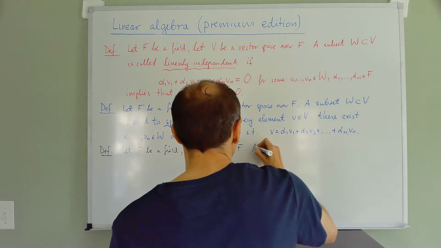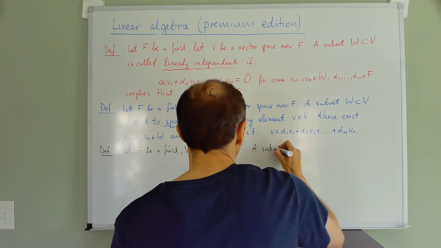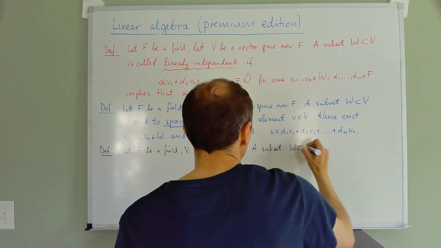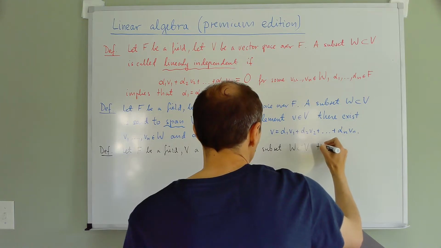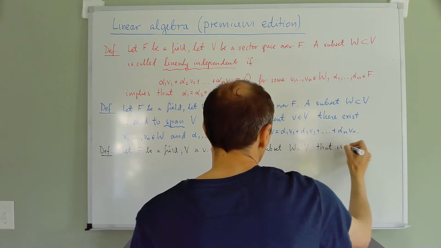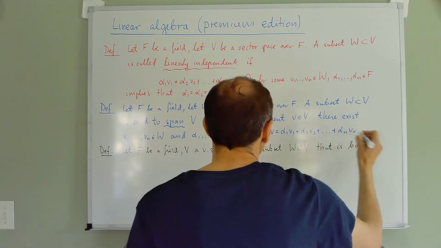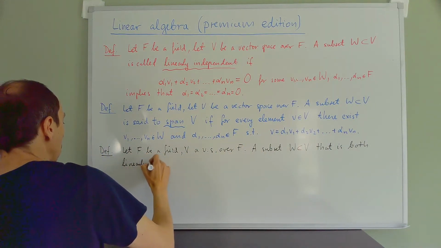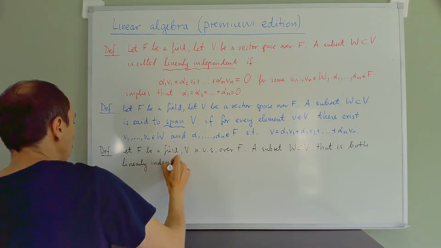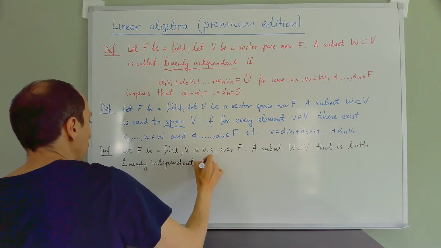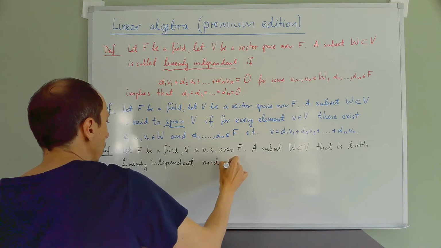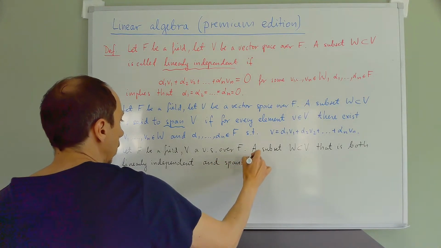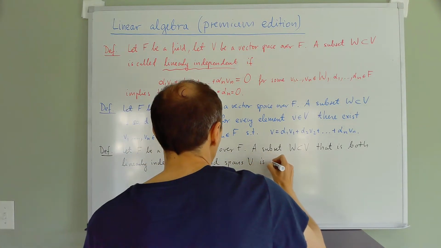A subset W of V that is both linearly independent and spans V is called a basis.